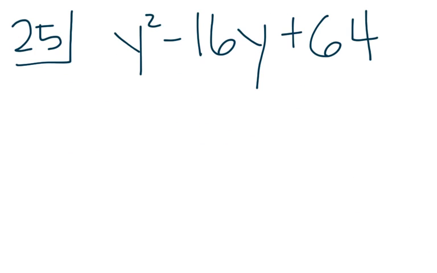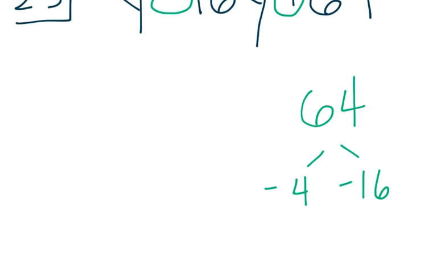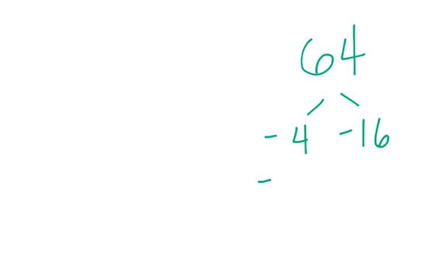So for number 25, we have a plus sign over here and a minus over here, which means we're looking for two negative numbers, because when you multiply two negative numbers, they multiply to equal a positive number, and when you add them, they equal a negative number. So we have negative 4 and negative 16. We have negative 2 and negative 32.